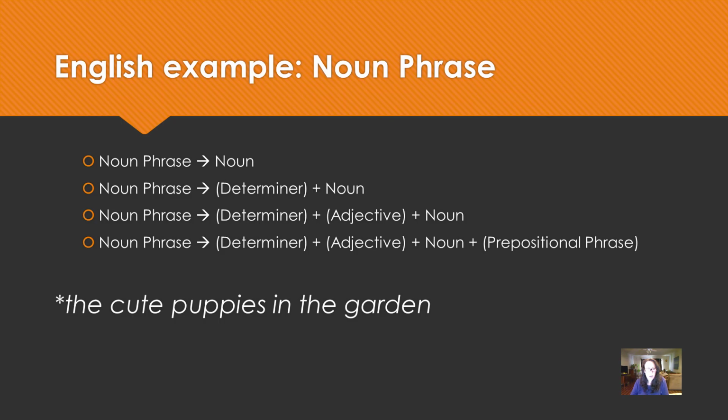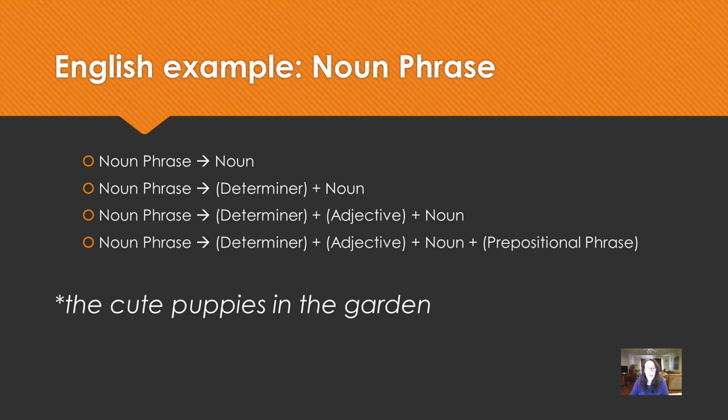And then we could also have a noun phrase that's made up of a determiner, an adjective, and a noun, and that's the cute puppies. And then we've also got a prepositional phrase in there that is going to be in the garden. And if we wanted to break down the prepositional phrase, we could say that the prepositional phrase is made up of a preposition and a noun phrase. So this is what phrase structure rules look like when you write them out.